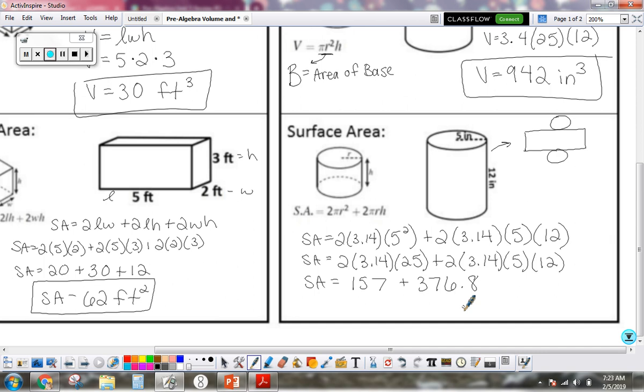Okay, so the last step is to add it together. So my surface area is 157 plus 376.8, and that gets me 533.8 inches. And remember, it's area. Surface area is always a squared unit.